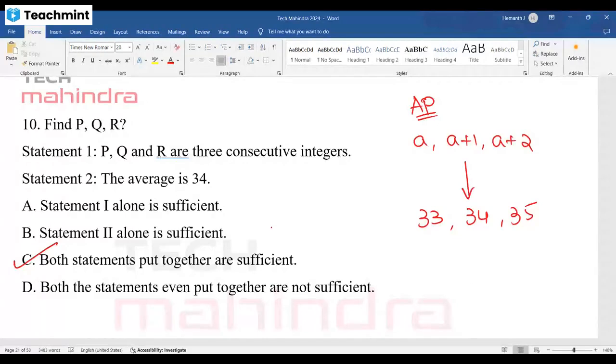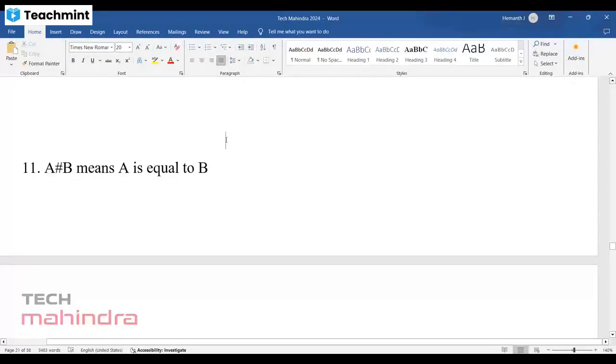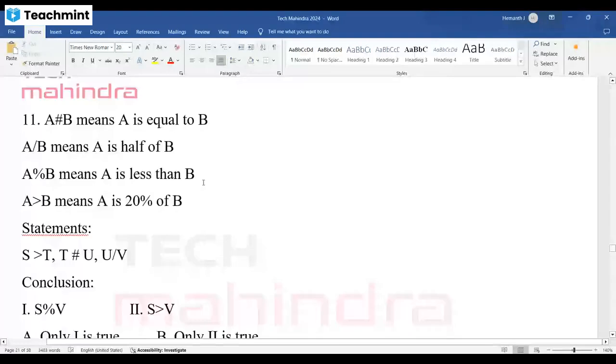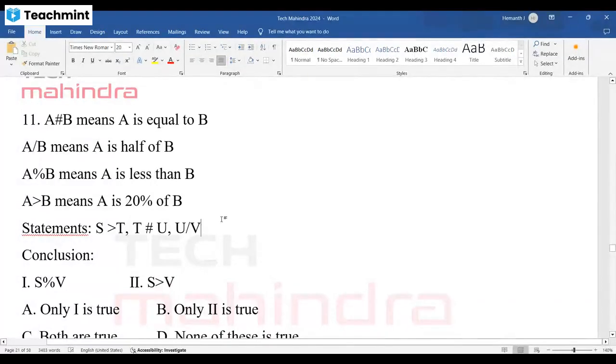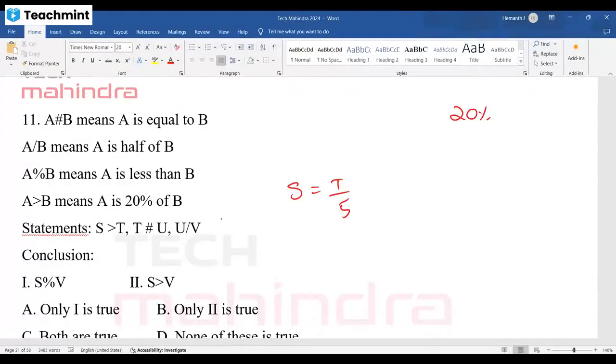This model we discussed, inequalities in the introduction, you observe. They have given some statements here. S greater than T means S is 20% of T, that is, T divided by 5. Then T equal to U. U is half of V. Now between S and V they are giving the link.